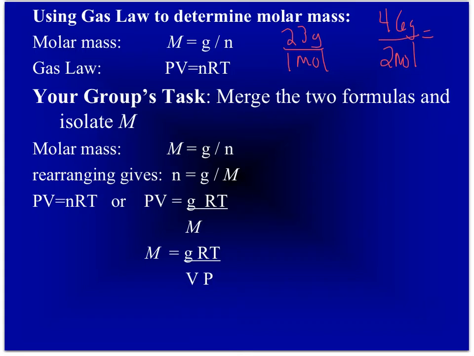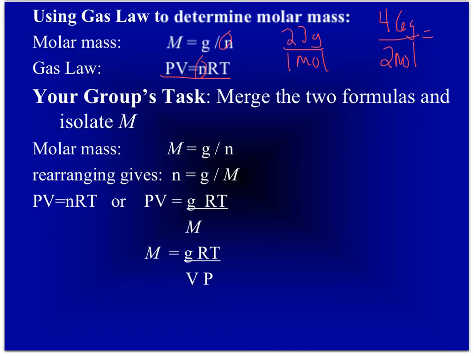All right, next one we're very familiar with, PV equals nRT. Essentially, what we're going to do is combine PV equals nRT with the molar mass formula. If you notice, what do these two formulas have in common? Moles. So we can isolate our molar mass formula for moles and then substitute that in for the moles in PV equals nRT.